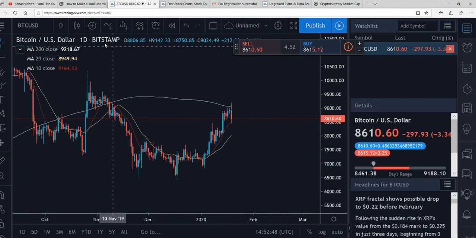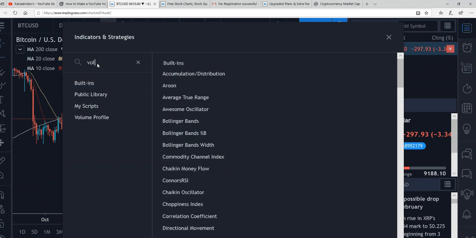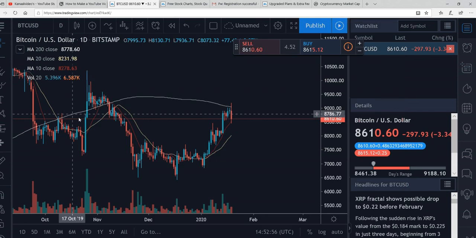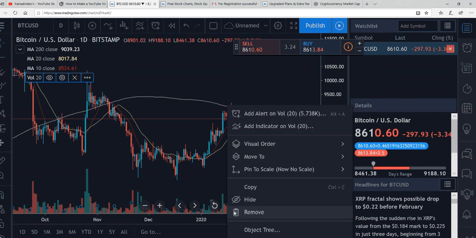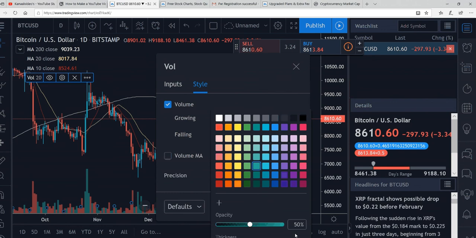Then I want you guys to take a look at the volume, which is a really important indicator as well. The volume profile. Okay, it's over here, of course. You can click on it and right click on settings. Here we have the growing candles. I like to light it up a little bit, to 65.